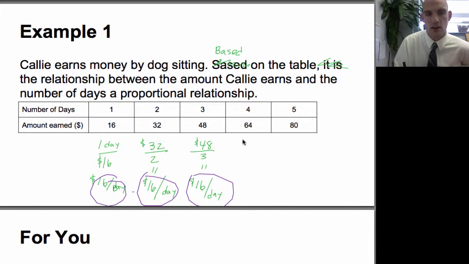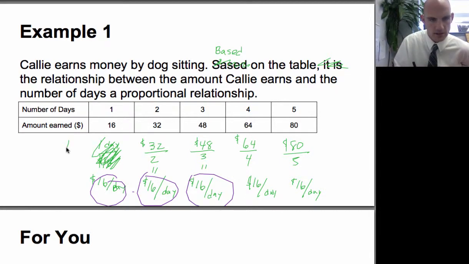Notice, so far, 16 bucks per day each day, regardless of the number of days so far. So that's a key thing. What about 64? 64 divided by 4 is going to be $16 per day. And guess what? $80 over 5 is 16 per day. Notice, I kind of wrote this one backwards.